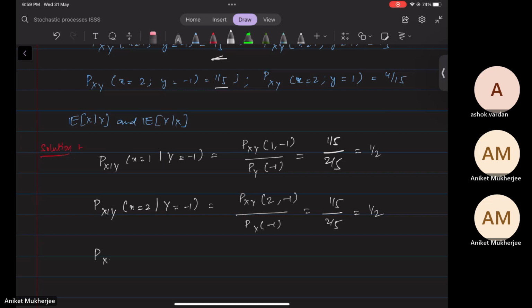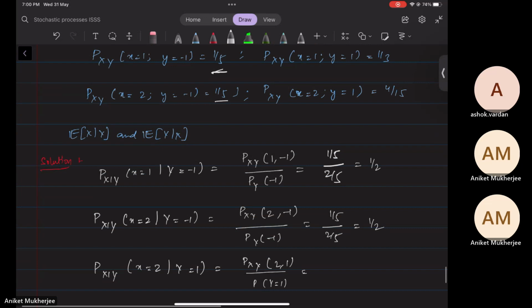Similarly, probability of x given y, x equal to 2 and y equal to 1, equal to probability of x, y equal to 2 comma 1 by probability of y equal to 1, which is 4 by 15 by 9 by 15, which is 4 by 9.